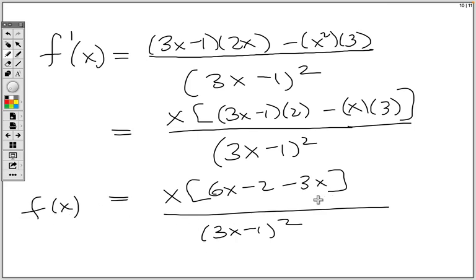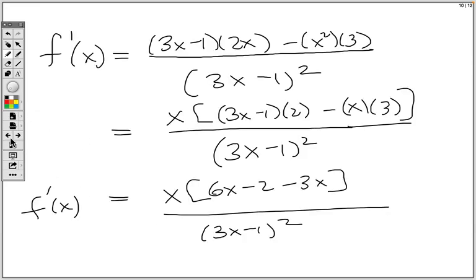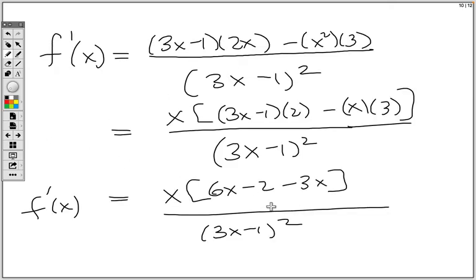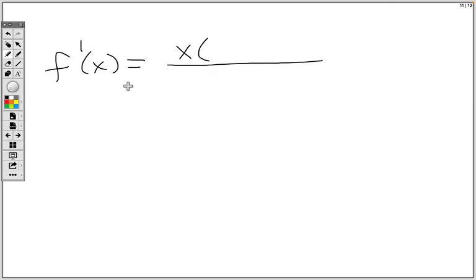And so for our grand finale here, our derivative f prime of x equals x times 3x minus 2 divided by the quantity 3x minus 1 squared.